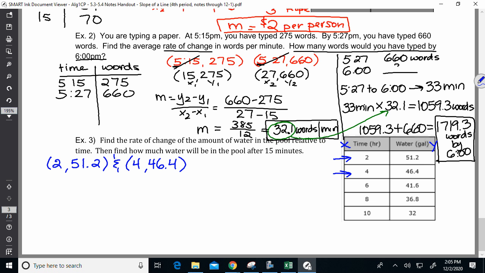So I'm going to solve it the same way. X1, Y1, X2, Y2, find the slope. So how should this be set up? Something goes at the top, something goes at the bottom.